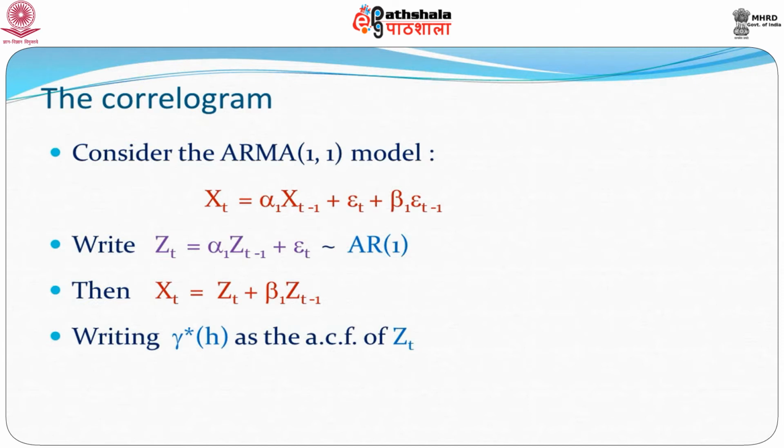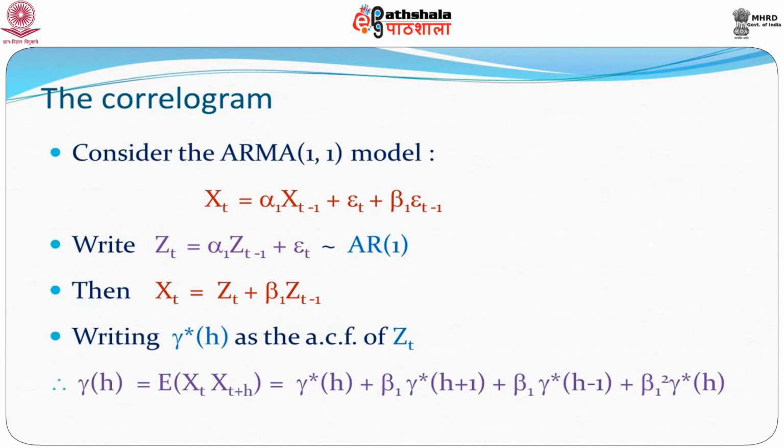Now, if you do this, we can write gamma h, which is the expectation of x t times x t plus h, since x t has 0 mean. So, this would be the covariance between x t and x t plus h, and if we use the relation that x t is z t plus beta 1 z t minus 1, substitute this for x t as well as for x t plus h, that is x t plus h is z t plus h plus beta 1 z t plus h minus 1.